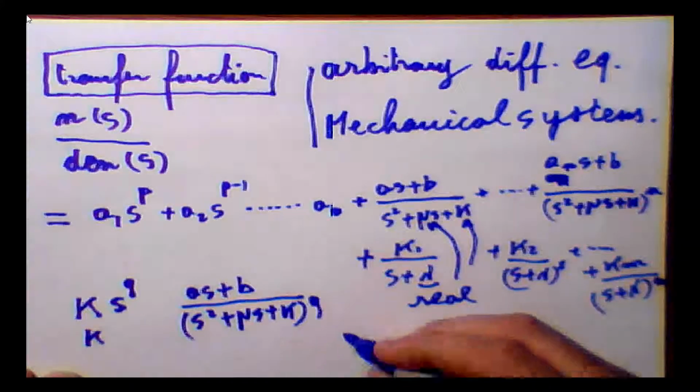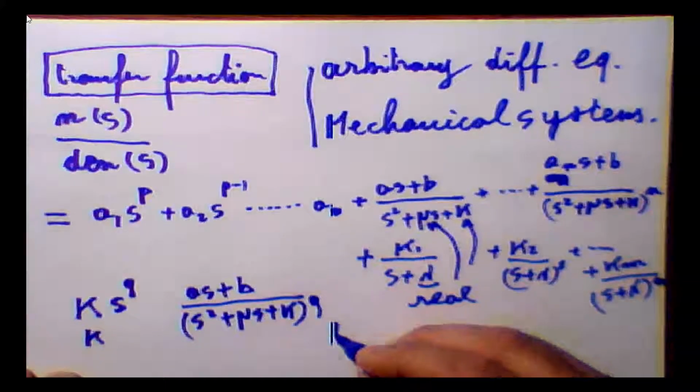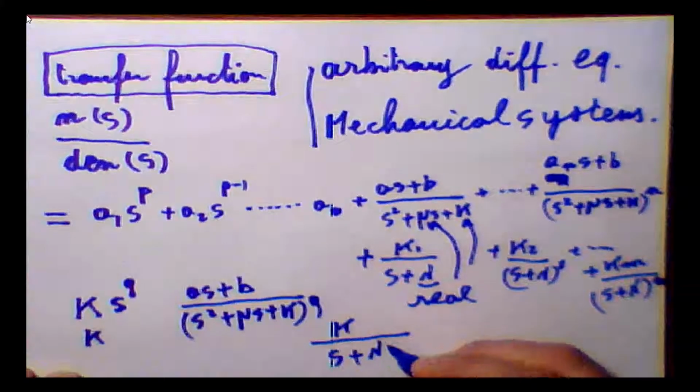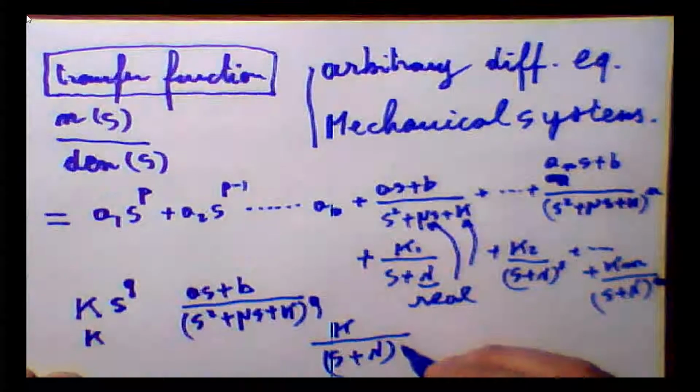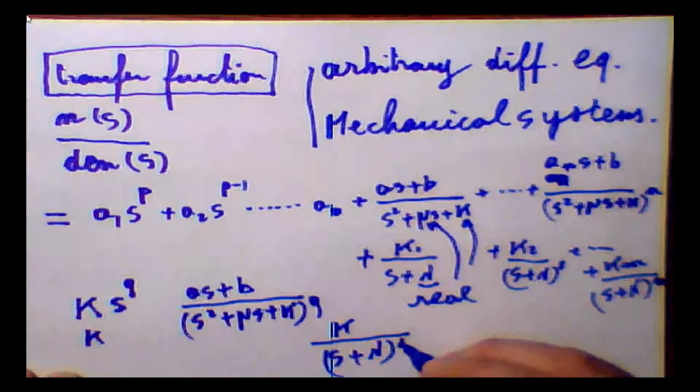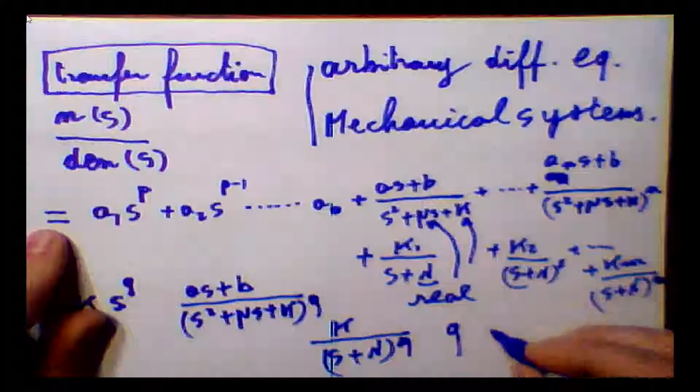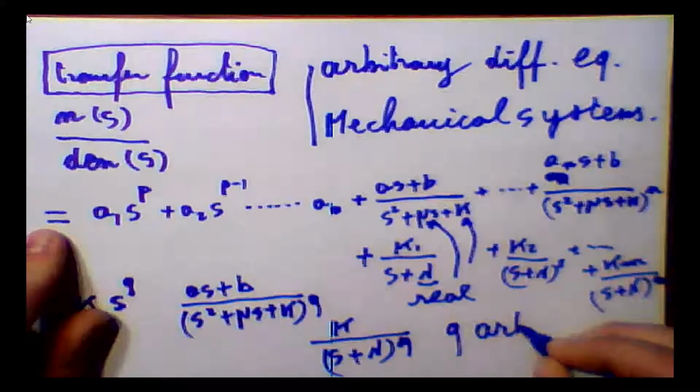And last, K divided by (S plus lambda) to the power Q again, and Q is arbitrary.